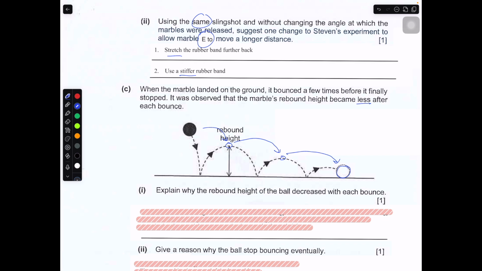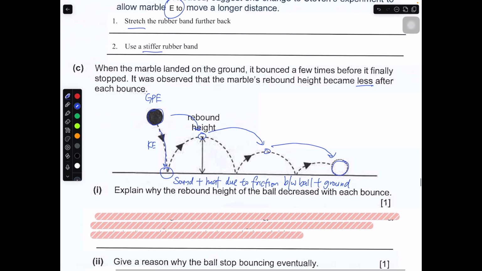So when you are bouncing this marble, the GPE is converted to KE over here when the marble is moving. But at this point, you will hear sound, and you will also produce heat, because there is friction between the ball and the ground. So over here, some of the KE will be converted to this.